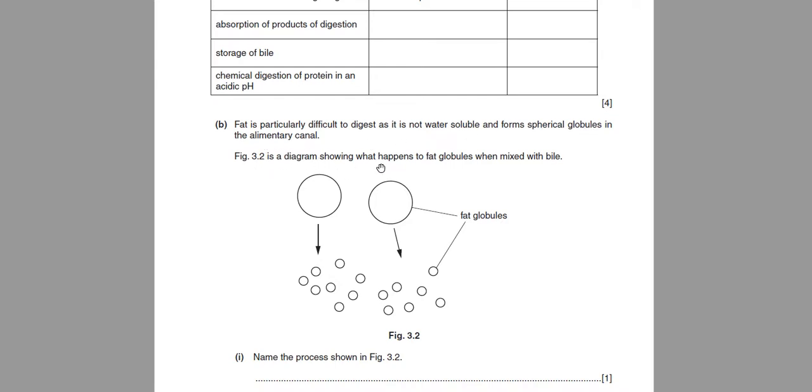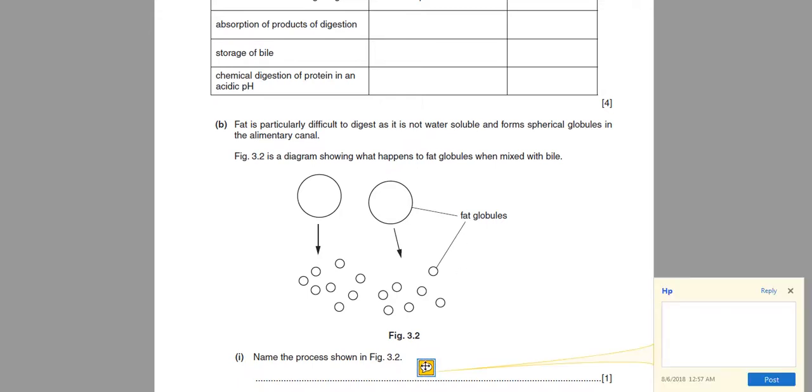So the figure is a diagram showing what happens to fat globules when mixed with bile. Whenever we are talking about fat globules and how large molecules are converted into smaller ones, this is actually called emulsification. This is the keyword that you are going to use in the exam.